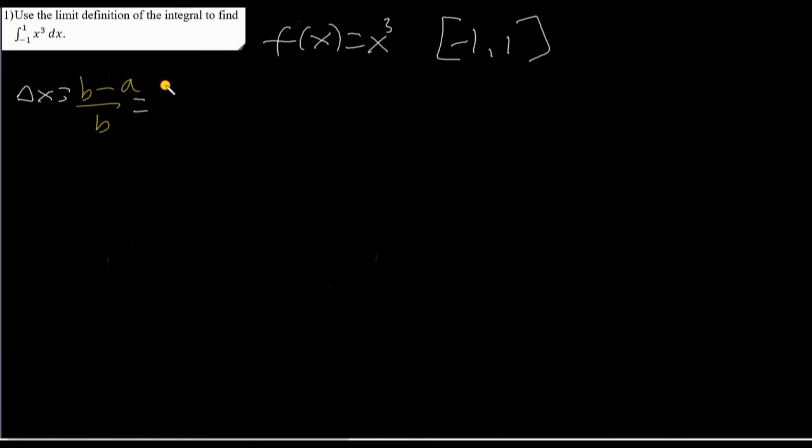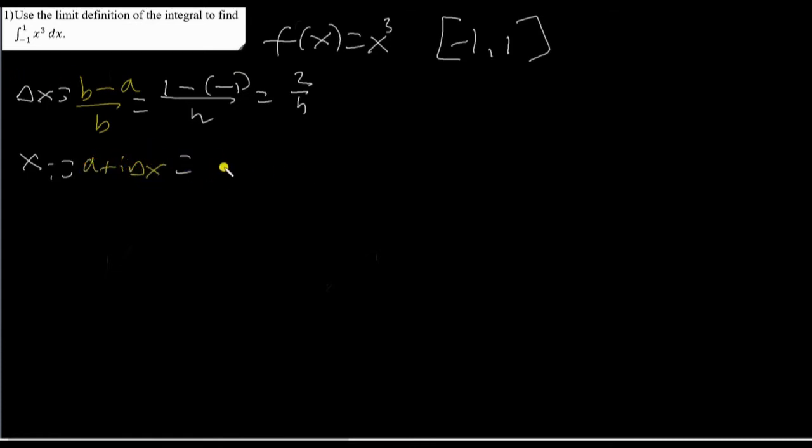So our function f of x is x cubed, and then we're going from -1 to 1. Okay, so let's find the delta x. It's going to be (b - a) over n, where b is 1 and a is -1, so it's going to be 2 over n. And then for x sub i, the formula is a + i delta x.